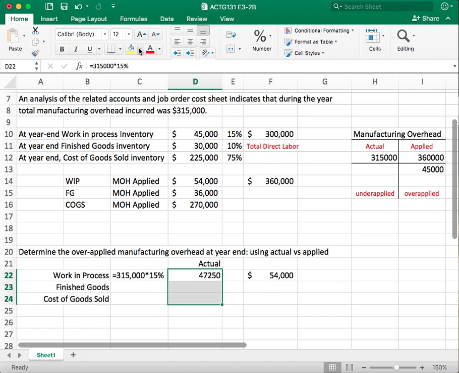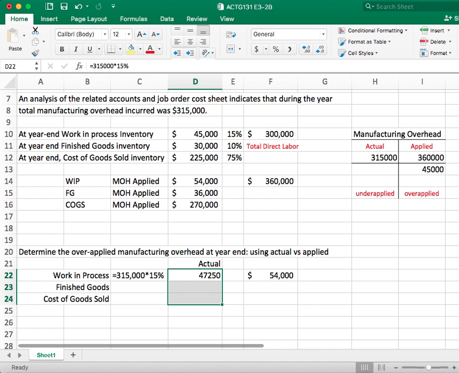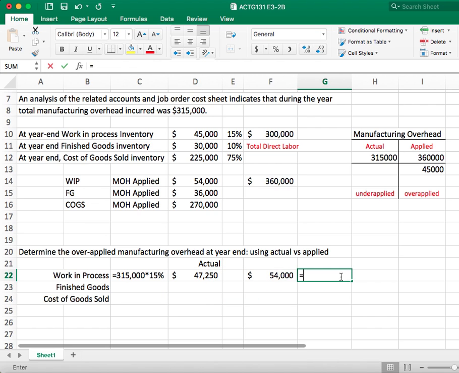Let me format these cells so it makes a little more sense to you. So the difference between these two, actual less applied, the formula I've just used makes it come up to a negative, but the idea is that this is over applied.